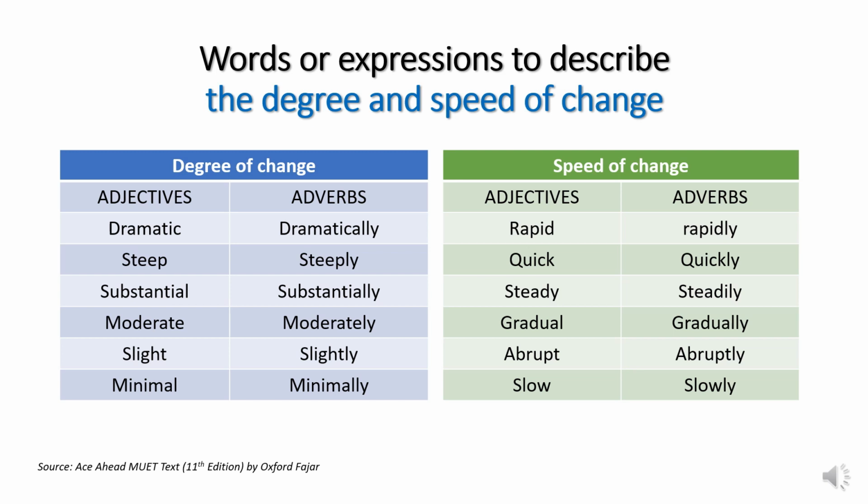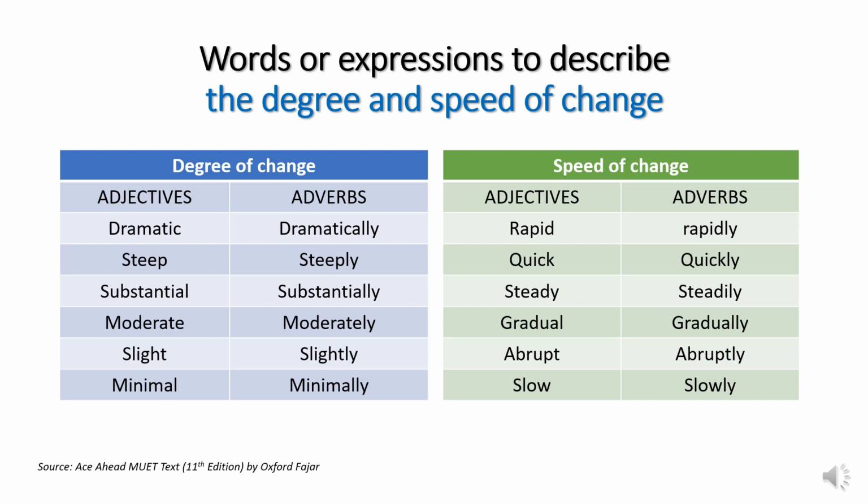So, it becomes dramatically, steep, steeply, substantial, substantially, moderate, moderately, slight, slightly, minimal, minimally. So that is the degree of change. In terms of speed, these are the adjectives that you can use, and you can change it to adverbs as well. Rapid, rapidly, quick, quickly, steady, steadily, gradual, gradually, abrupt, abruptly, slow, slowly.